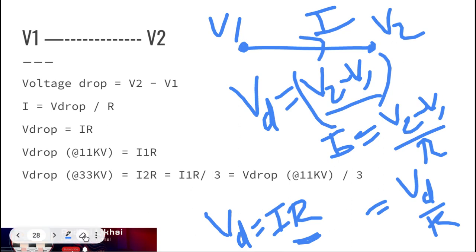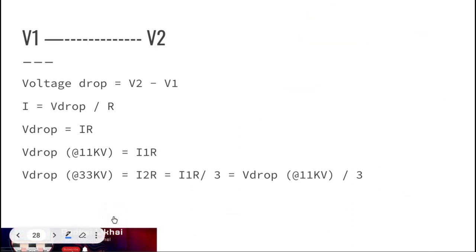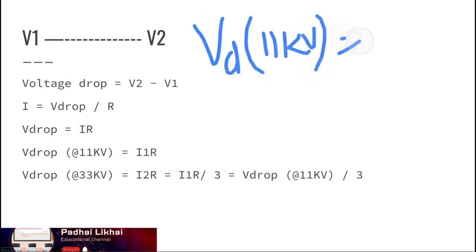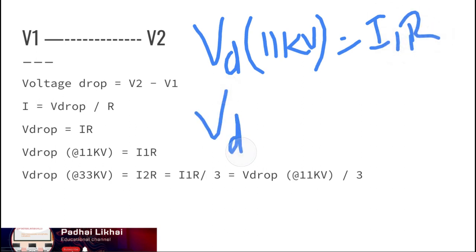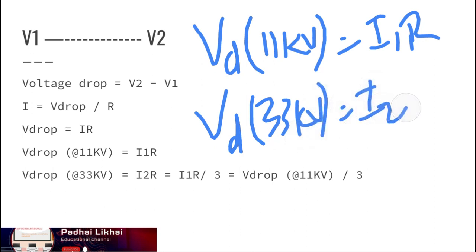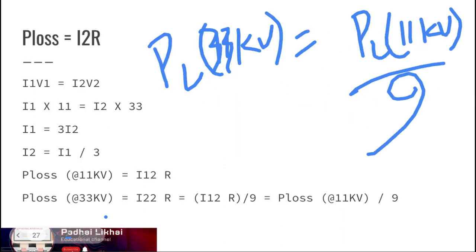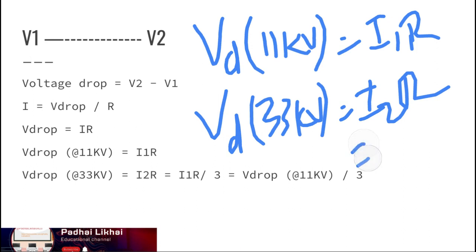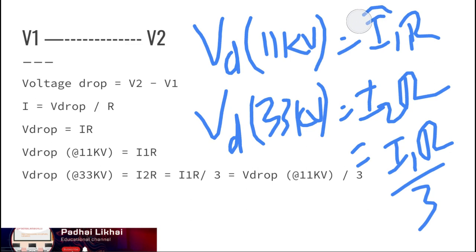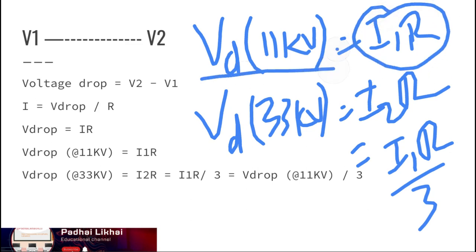Now V drop at 11 kV is I1R, and V drop at 33 kV is I2R. From our previous slide we have I2 is equal to I1 by 3, and this I1R is V drop at 11 kV.